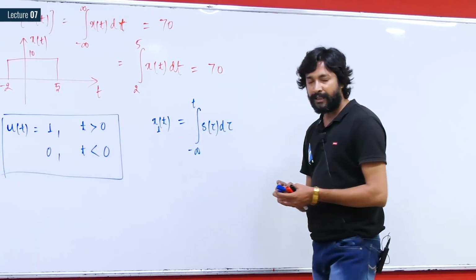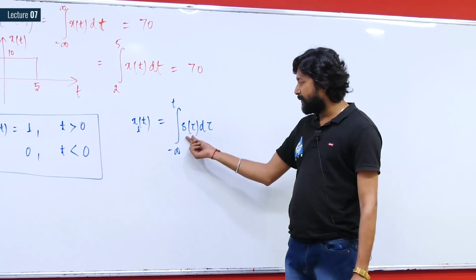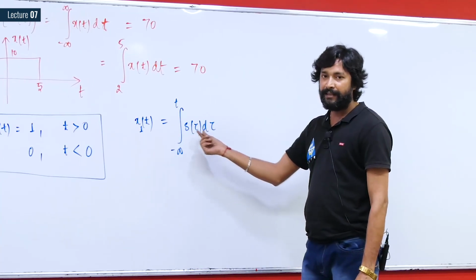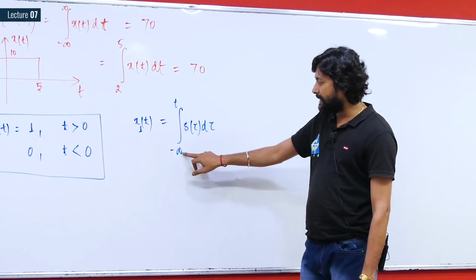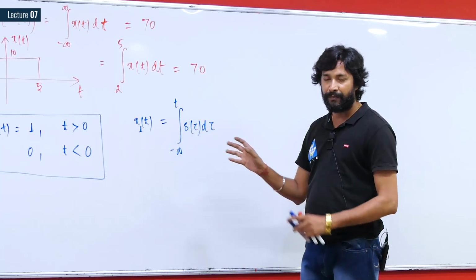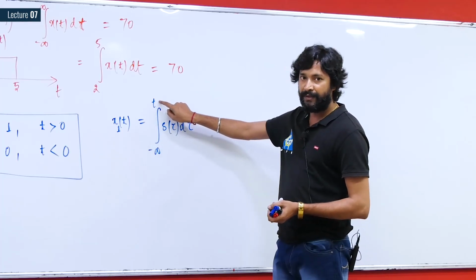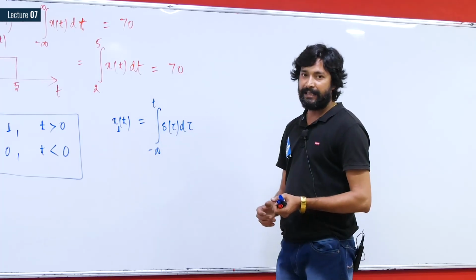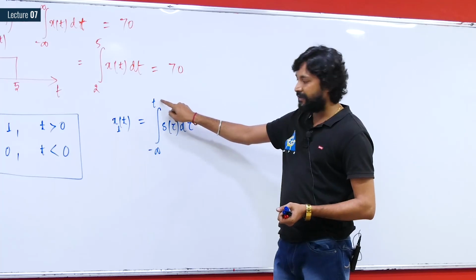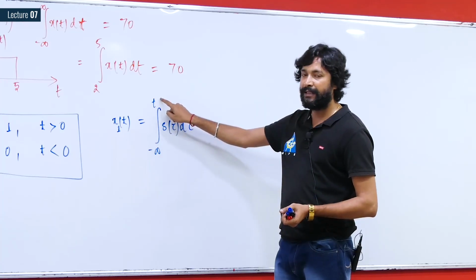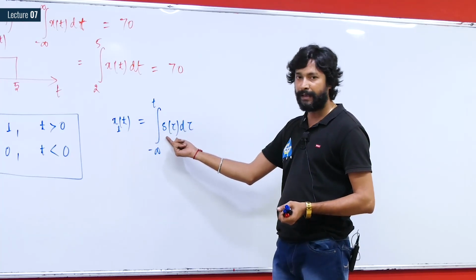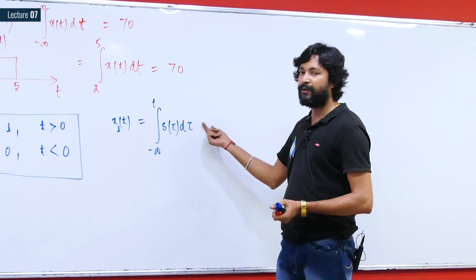It means you are just going to integrate this impulse function within the limits minus infinity to t. Now what we have studied just now is that if this t value is anything greater than 0, either 0 plus, then again integration from minus infinity to 0 plus will include this impulse function, and the area will be 1.